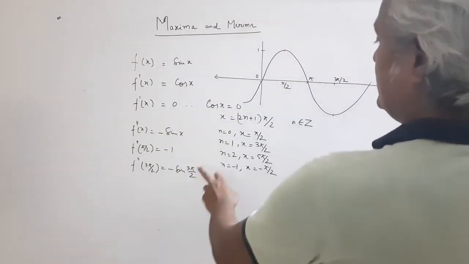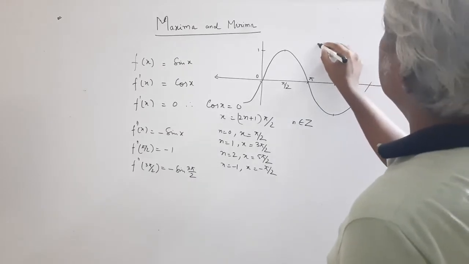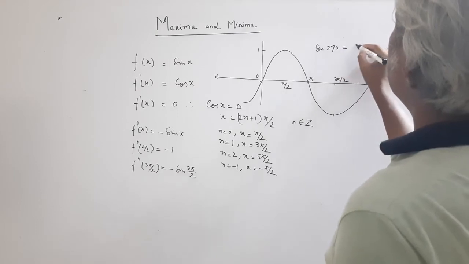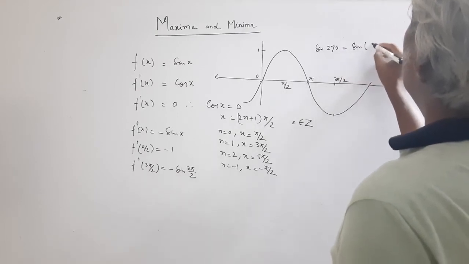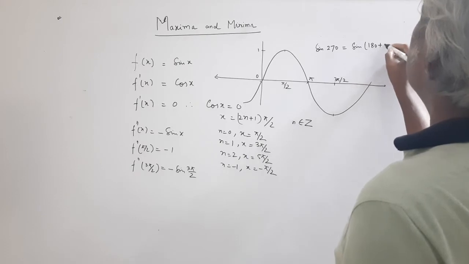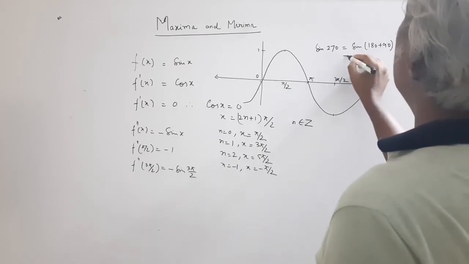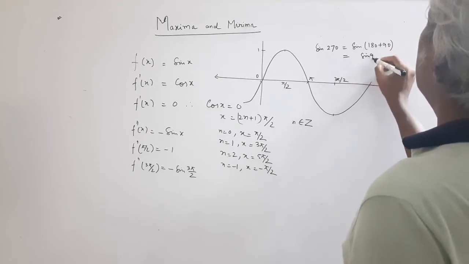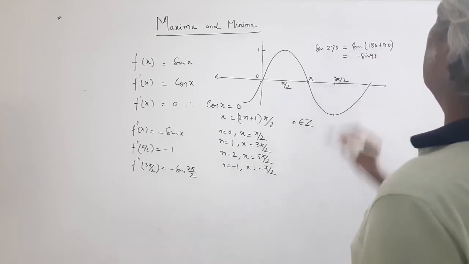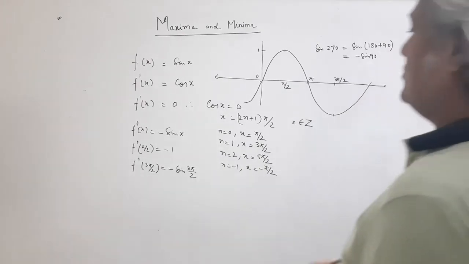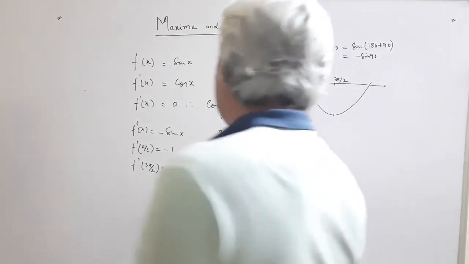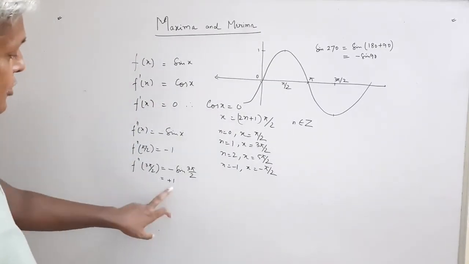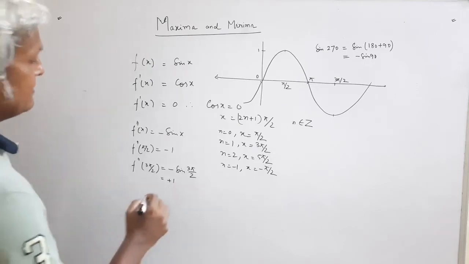If you convert this into degrees, this is sin 270, that is sin of 180 plus 90. Sin 180 plus 90 would be sin 90, but since it is in the third quadrant, this will be negative, so it is minus 1. The minus of minus 1 will be plus 1. So f double dash x is positive, therefore this is minima.